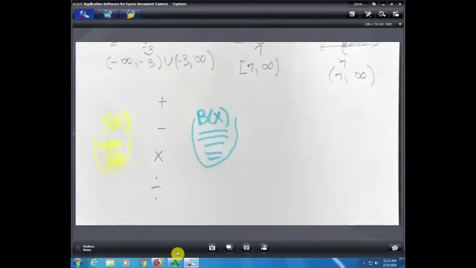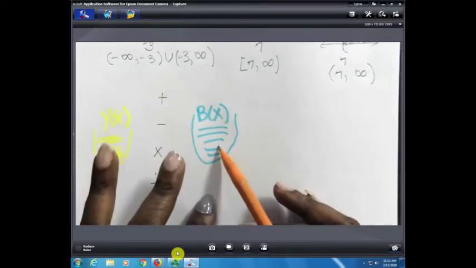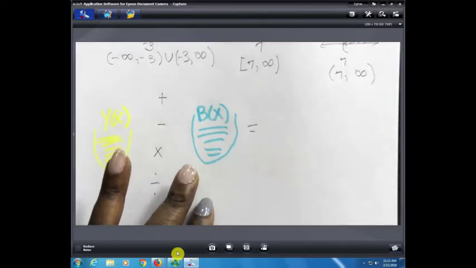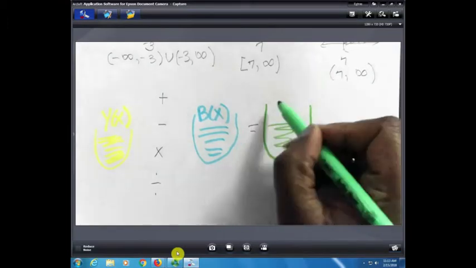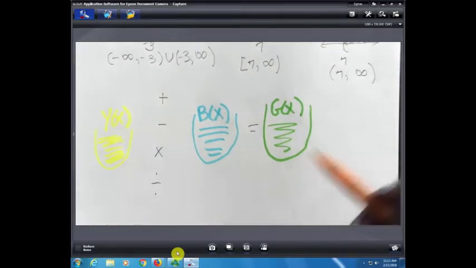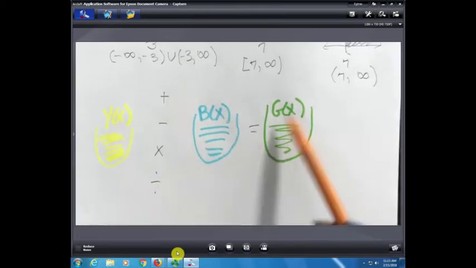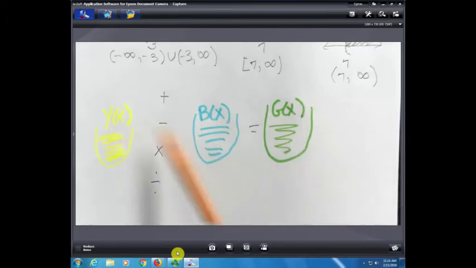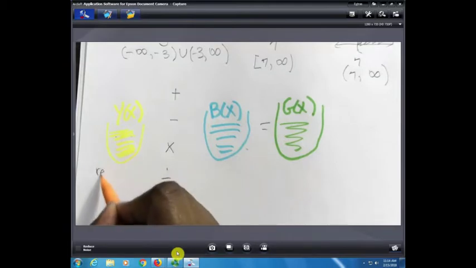Let's call this a b of x function. So we have one function performing some operation with another function to get a new function. We call it green, a new function that's a combination of the two. Now, each of these functions have restrictions on domains.